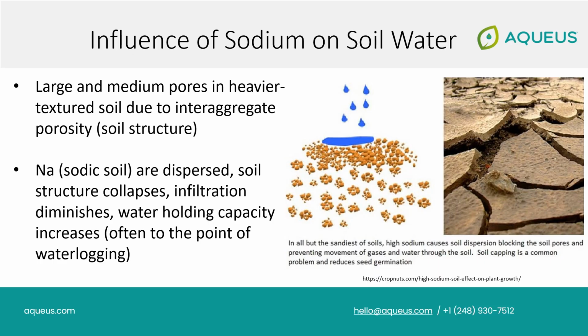So it increases the water holding, maybe not the overall water holding, but the percentage of water. In other words, the total pore space goes lower, but the proportion of the fine pores that hold the water increases, because the large pores that would normally hold air have disappeared, if you will.